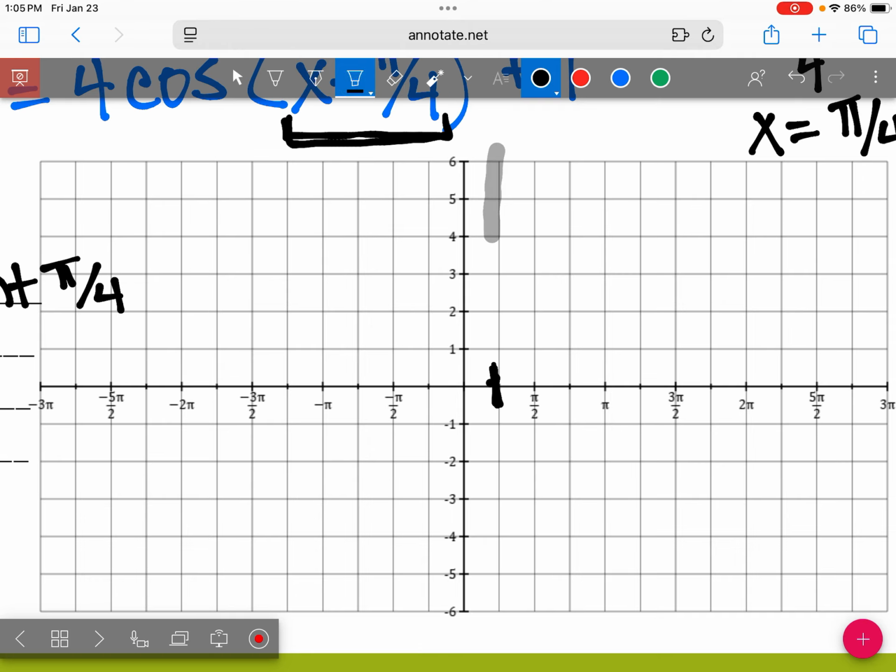So this is my start. I have to add 2 pi to get to the end. Or you can just hop how many? 8. Hop 8. Let's do that. 1, 2, 3, 4, 5, 6, 7, 8. So we land right here.